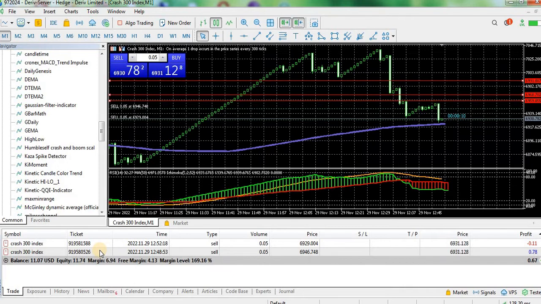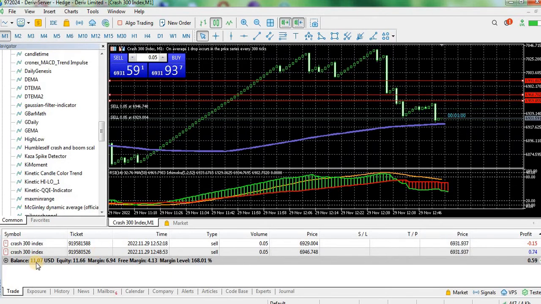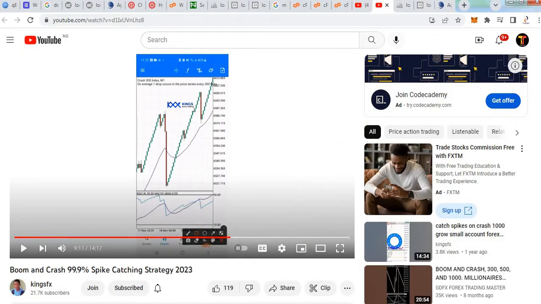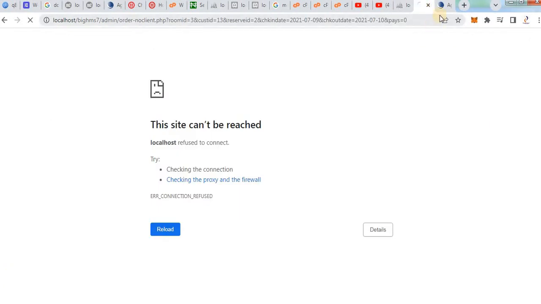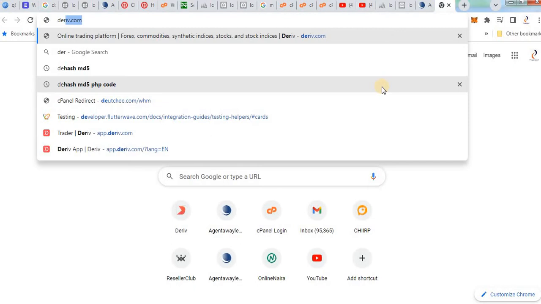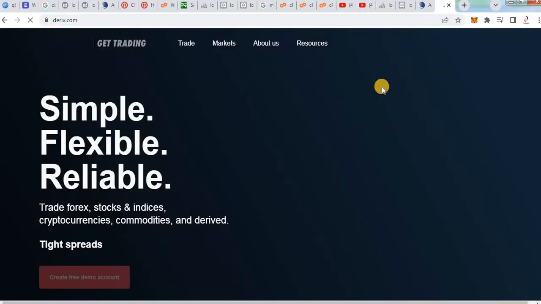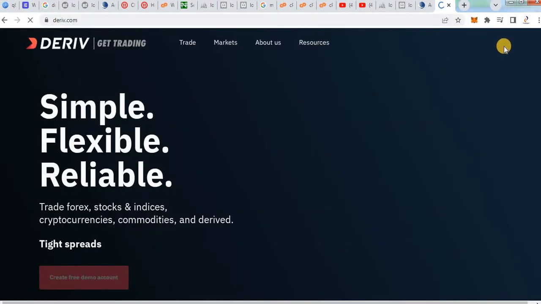Well, I lost that because I was trying to trade other volatility, understand. So now I'm starting with 11.07, and if I show you my account on the real, you will see that I have saved so many profits. Are you getting it now?